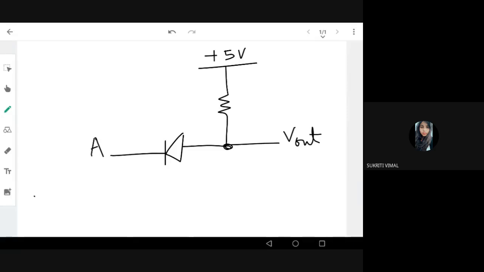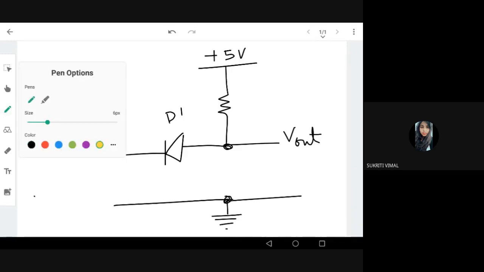For simplicity, I can ground here. This can be one of the questions in a competitive exam: we have only one diode and one input. The logic is the same, and the question is what gate this is. Is it a NOT gate, NAND gate, or AND gate? What kind of gate is this?